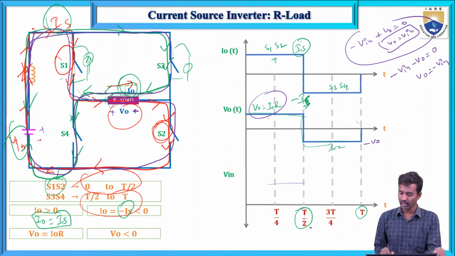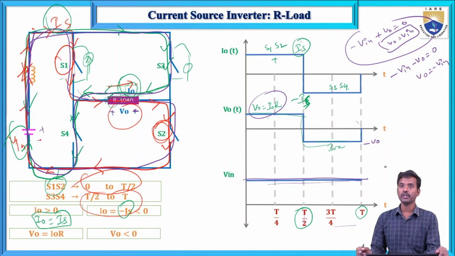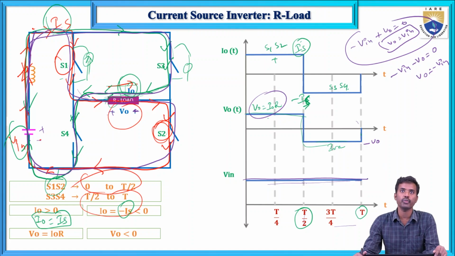Here it is not negative, it is positive. So the diagram looks like this, and it will maintain a constant voltage. Vin is always positive in case of a current source inverter with an R load.